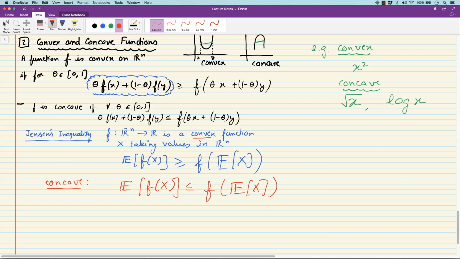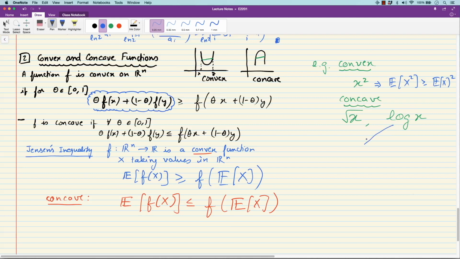Okay, so let's see what happens for this example, x square. Jensen's inequality gives you that the expected value of X square is greater than or equal to the expected value of X whole square. It's a very well-known inequality. Basically, this is saying variance is non-negative. Remember, the difference of these two quantities is the variance of the random variable.